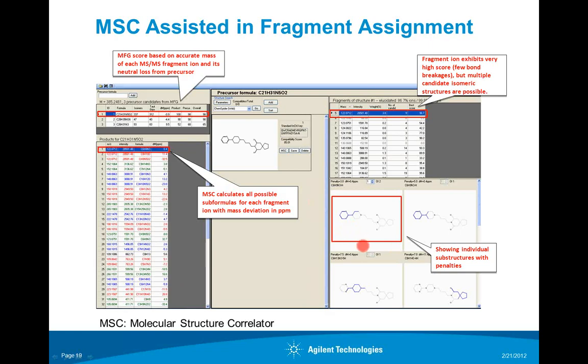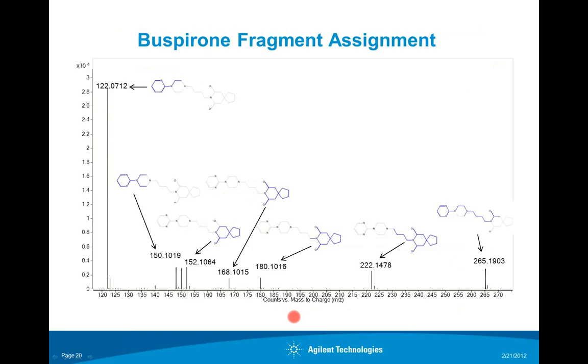Of course, when you make the final judgment, you also need to use your chemistry knowledge along with all this prediction. By using that approach, all the substructures are assigned to each fragment ion of Buspirone.